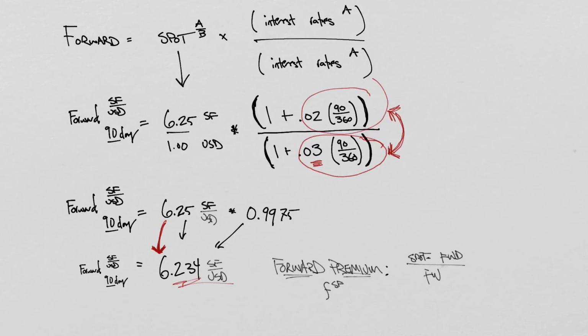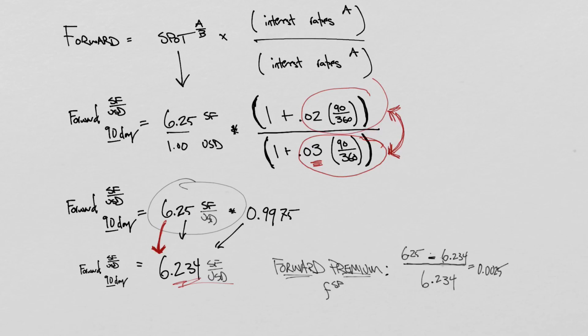The spot rate was here, 6.25 Swiss franc per USD, and the forward rate, which we just calculated, was 6.234. So it's really just the percentage difference here, which is rather small, 0.00256, about 1/5 of 1%, or 1/4.